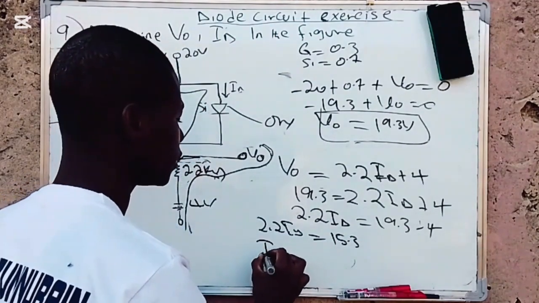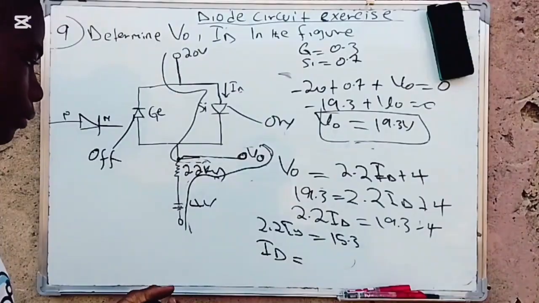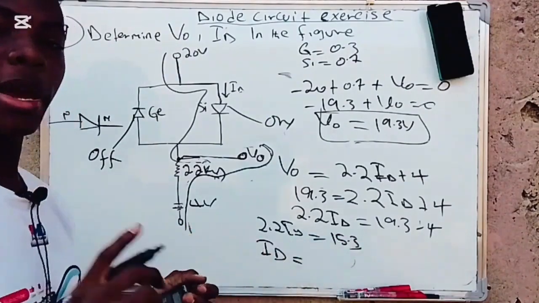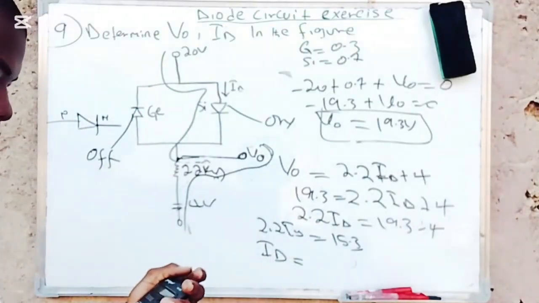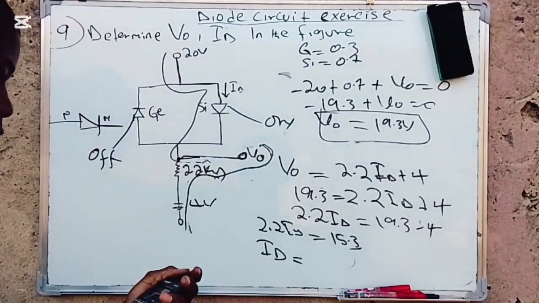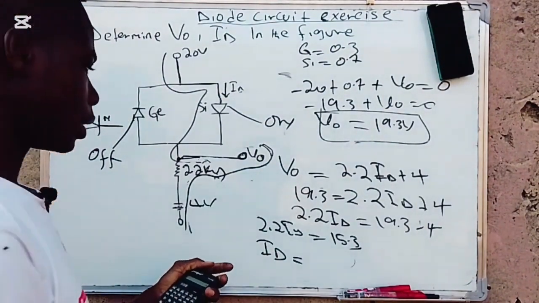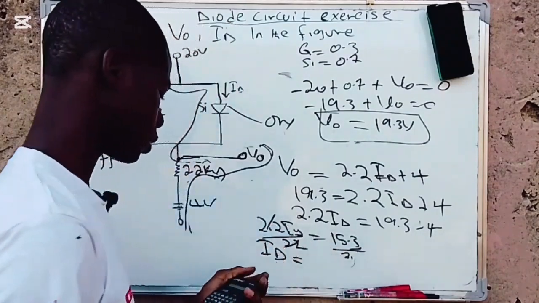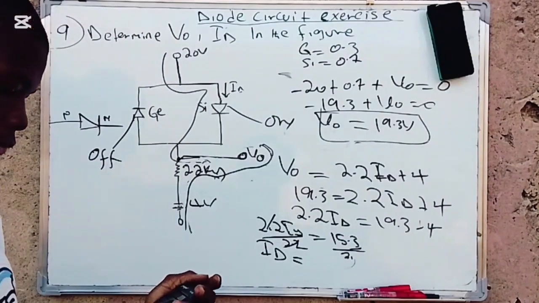Therefore ID is 15.3 divided by 2.2, because I'm dividing both sides by 2.2, which cancels the 2.2.